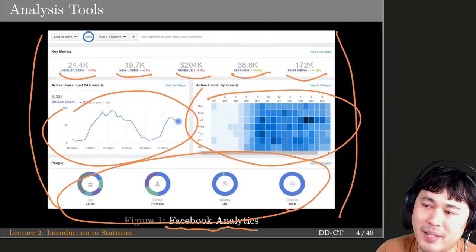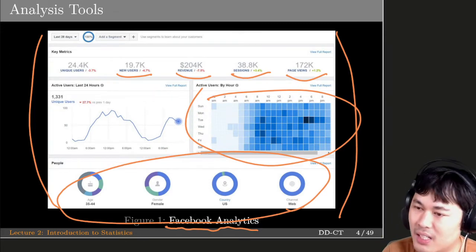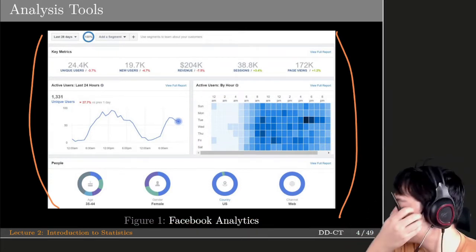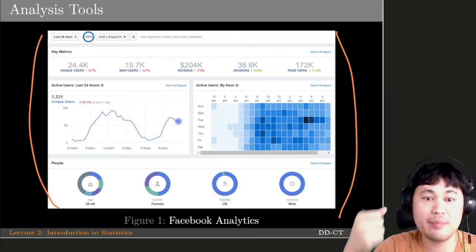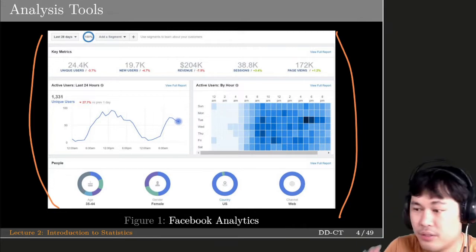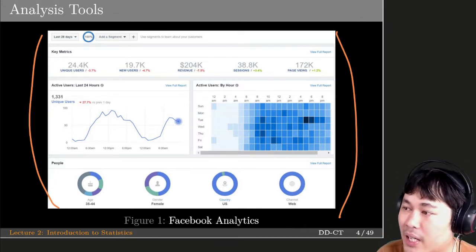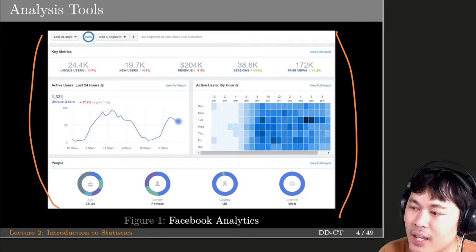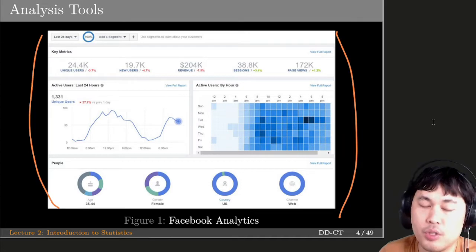As you can see, this page contains lots of information, and it's your job to look at it and be able to say something about it. What are those things? What do they mean? And how should you use this information to your advantage?